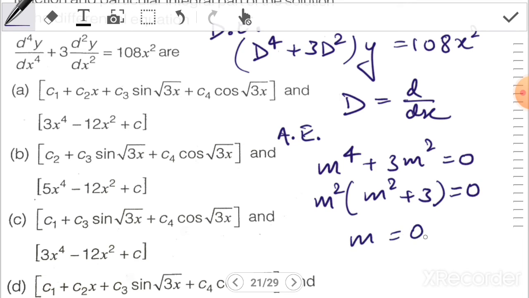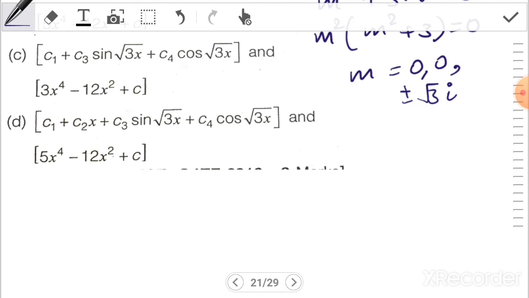So m is equal to 0. We have repeated roots and plus minus root 3 i.